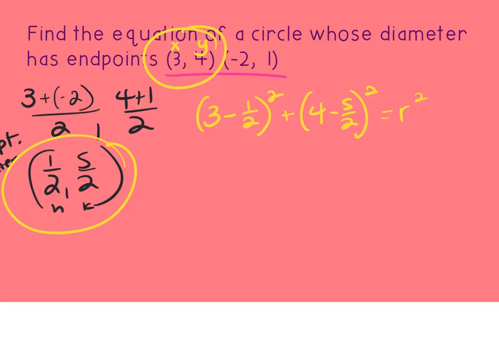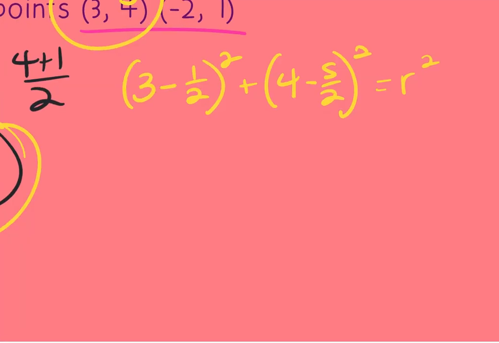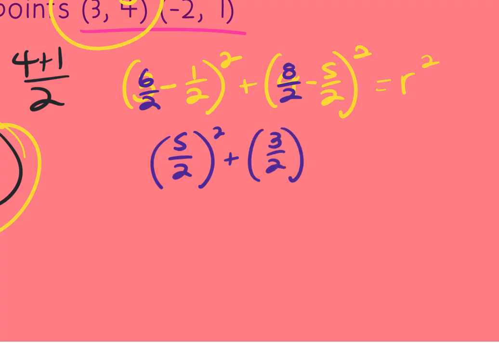Now I got to find the least common denominator, then square it. So my 3 becomes 6 over 2, and 6 over 2 minus 1 over 2 is 5 over 2. My 4 becomes 8 over 2, and 8 over 2 minus 5 over 2 is 3 over 2, equals r squared.